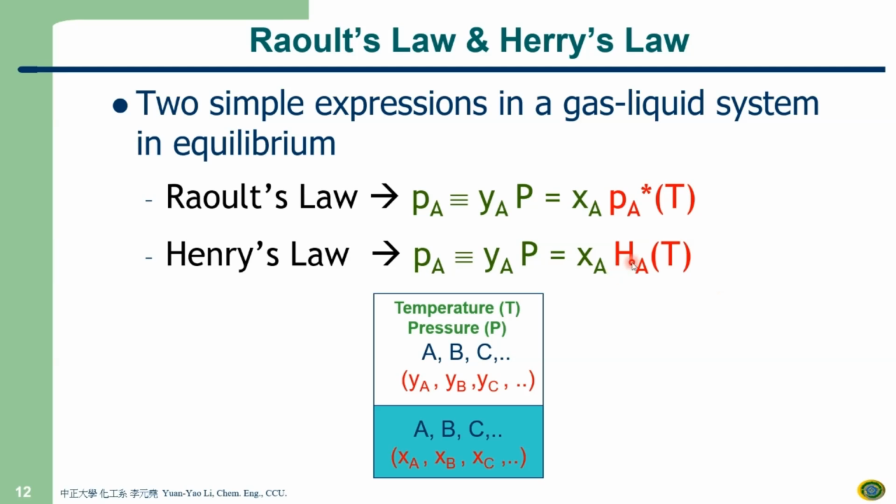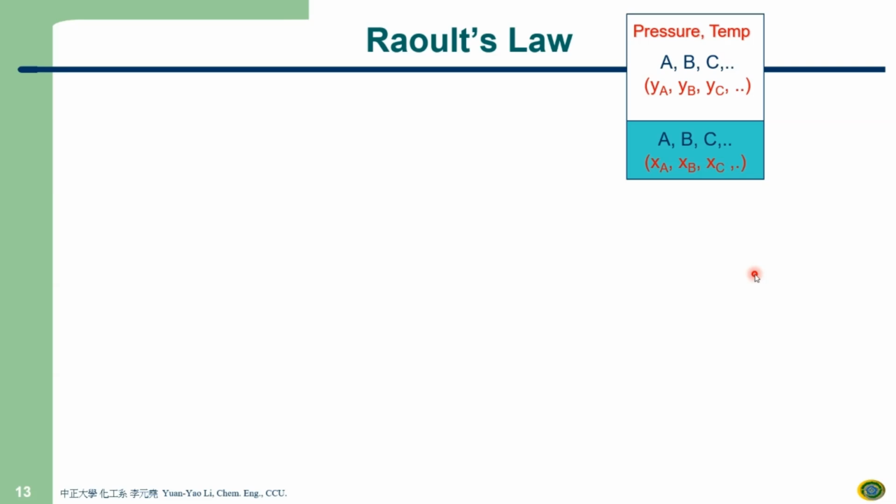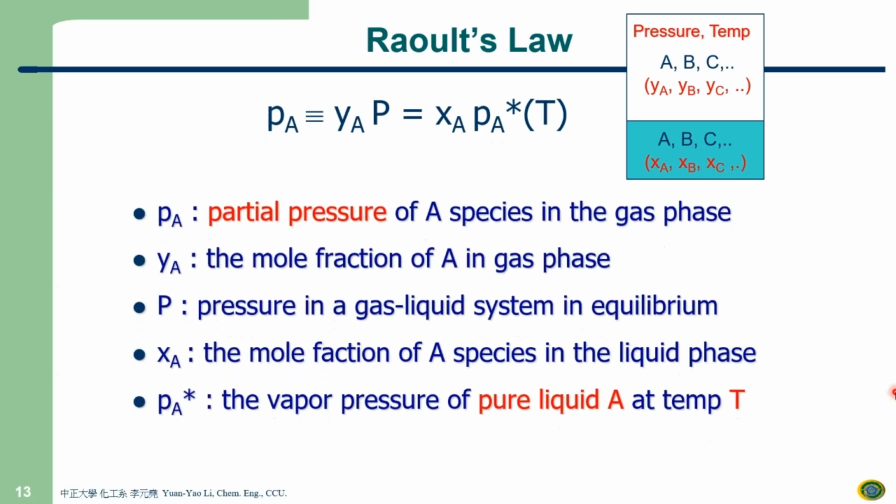So what is Hi, a function of T? This is Henry's law. You already know Raoult's law, and now we want to introduce Henry's law. Raoult's law is this one, and we already introduced it. Now Xi is not equal to 1 anymore, because this is not only one condensable system.